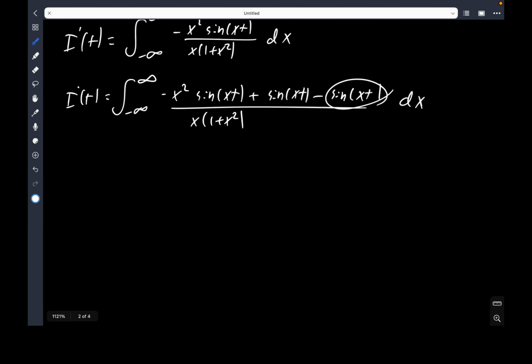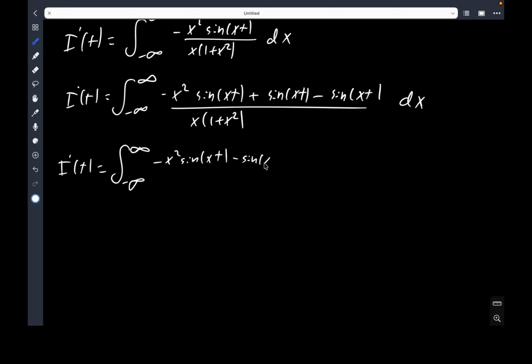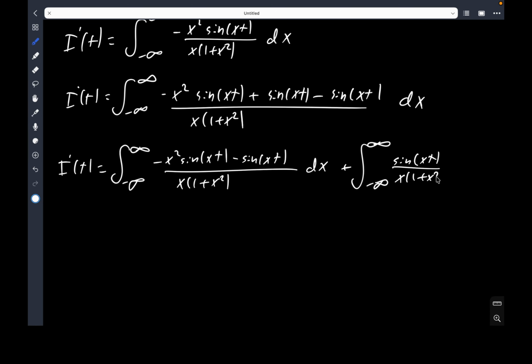And I can pair these two up together. My I prime of t is going to be the integral of negative x squared sine of xt minus sine of xt over x times 1 plus x squared dx, plus the integral from negative infinity to infinity of sine of xt over x times 1 plus x squared dx.